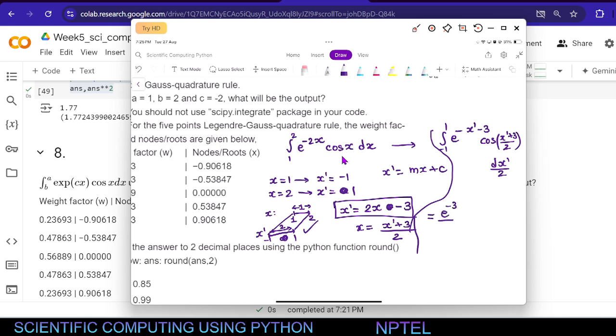It will be e to the power minus 3 divided by 2, integral from minus 1 to 1, e to the minus x prime cosine of (x prime plus 3) by 2 times dx prime. Okay, and this x prime is just a dummy, so we can just call it x. And so now we have our function is this one, and these two are the correct limits. All right.